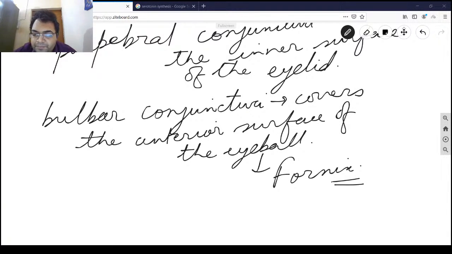Now the lacrimal gland contains 10 to 12 ducts, and it is almost 12 to 20 millimeters in size.